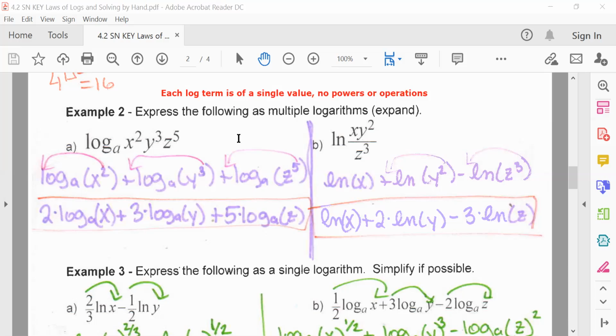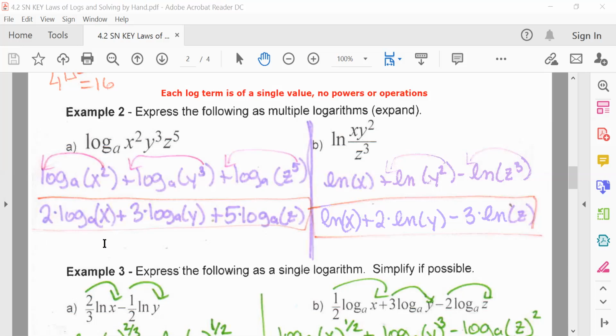Now each log term needs to have no powers inside it. That other log law says that if you have the log of something to a power, that power comes out as a coefficient. So log base A of x squared, this square comes out as a coefficient, and we get 2 times log base A of x.